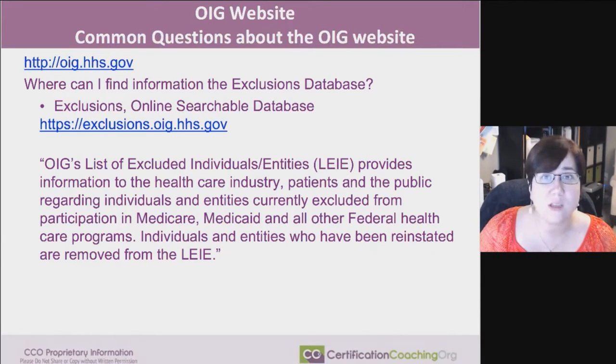The exclusions list is usually very common for those individuals responsible for recruiting, hiring, or for provider enrollment, provider credentialing, and provider privileging. I say credentialing, and I know that in different organizations credentialing means different things to different groups.